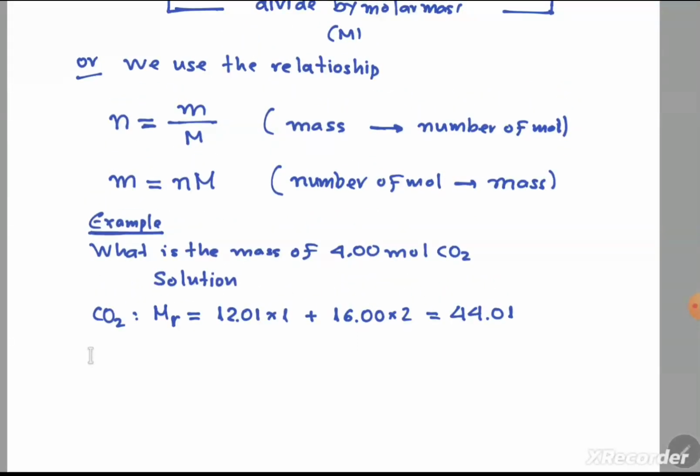First way, which I prefer, we use the relationship: number of mole is equal with mass divided with molar mass, and we replace the value. 4 mole is equal to mass over the molar mass.